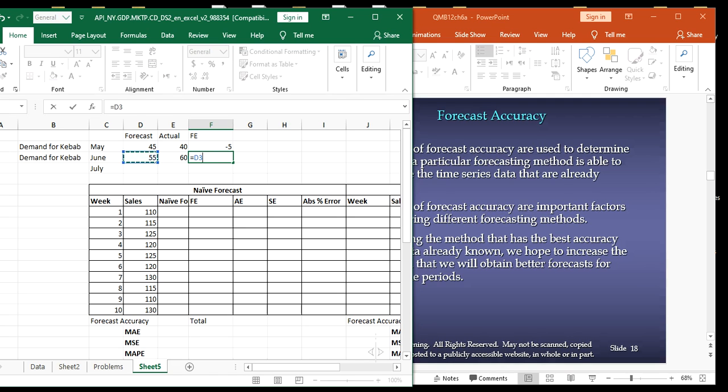The same here, that one minus this one, no, sorry, the actual minus the forecasted one. It is 5, okay.